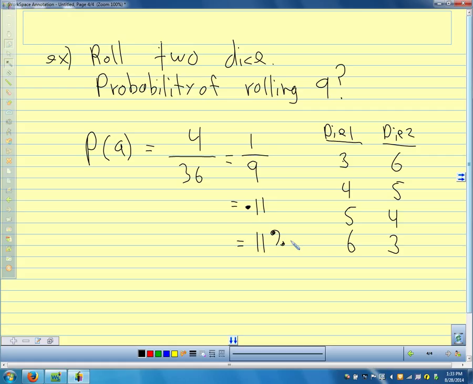Is 1 out of 9 a good chance of something happening? 11%? No. This isn't a right or wrong answer. When do you think we end up with a probability of something being good? More than 50%. Okay, that's a good answer. 50-50 means you have the same chance of it happening as it not happening, right?